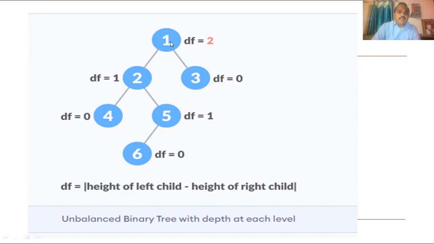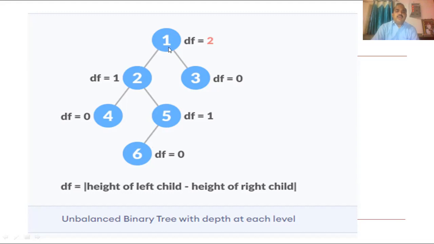So here the difference is 2. Here minus 1, so that is 2. Next one, here minus 1, that is 0, then 0. Left child minus 1, right child minus 1, that is 2. Clear?